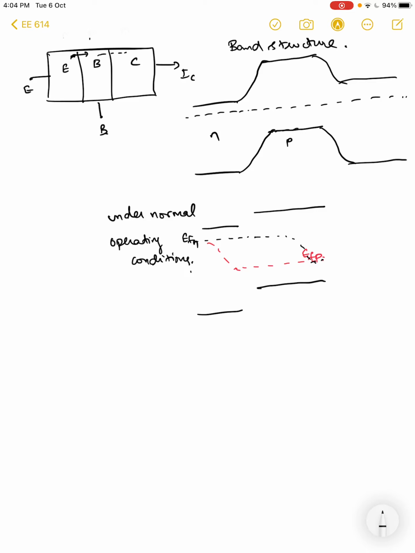So this is EFN, which remains flat till the depletion width. Let us take, I have depletion width till, and then starts changing from there on, right? And I have the collector base junction to be reverse biased, so it is going to be, let's see, like this. Okay. And this is much farther down.